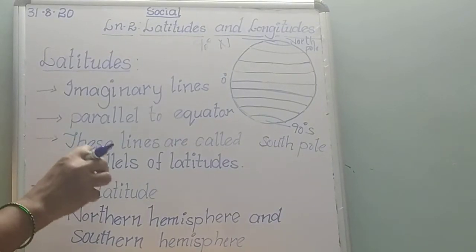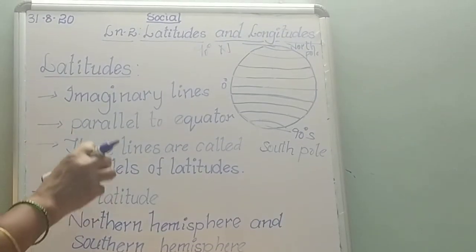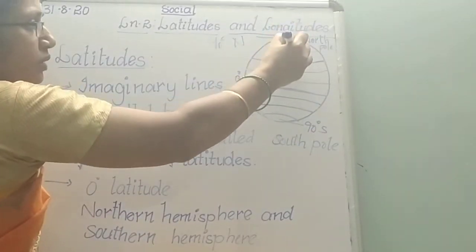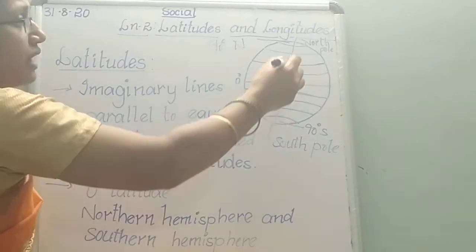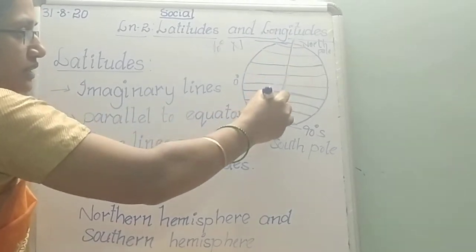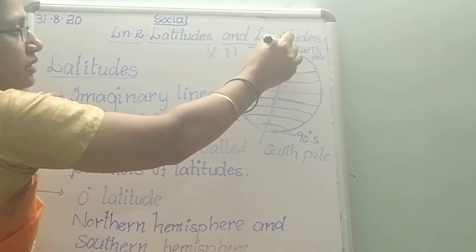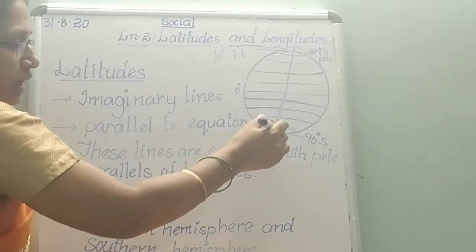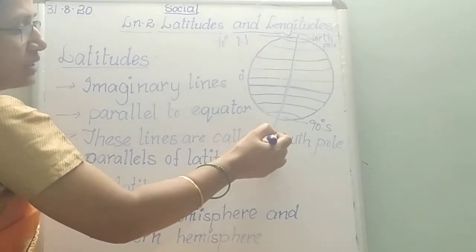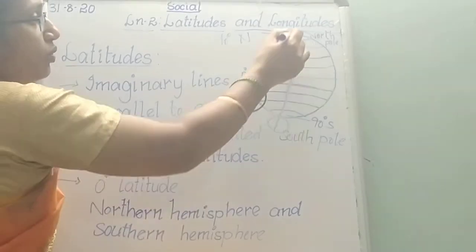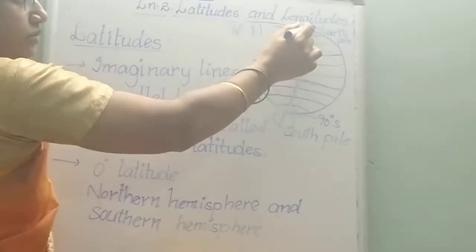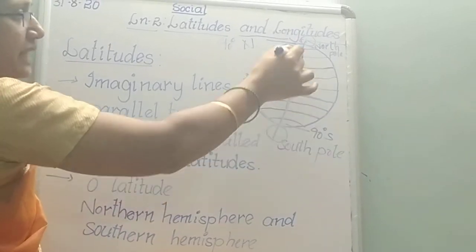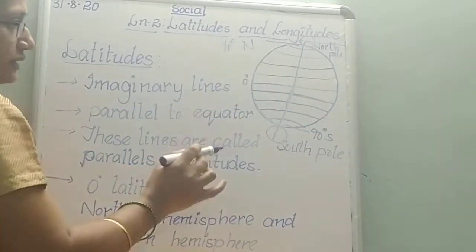If you observe this diagram, here you have an axis or pole. The northmost corner is called the North Pole and the southmost corner is called the South Pole.